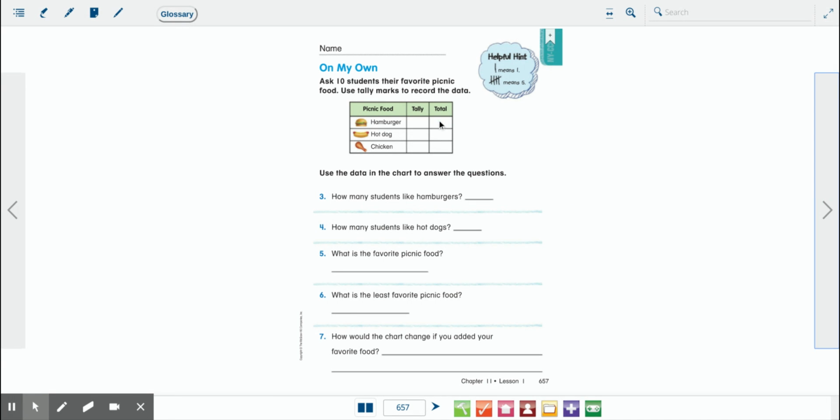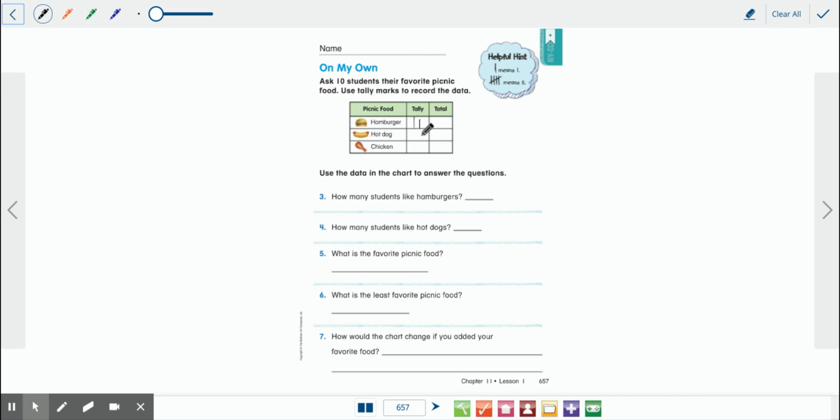What is your favorite picnic food? And you have the choice hamburger, hot dog, or chicken. So I am going to say 2 people chose hamburger as their favorite.